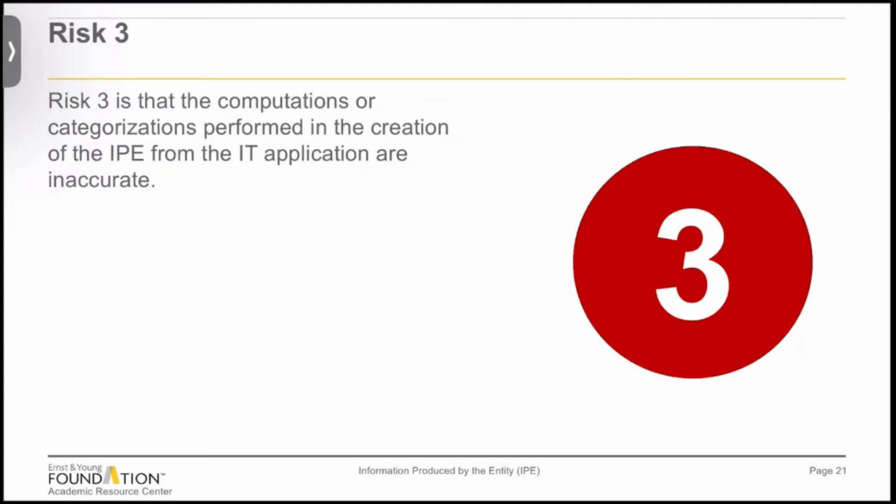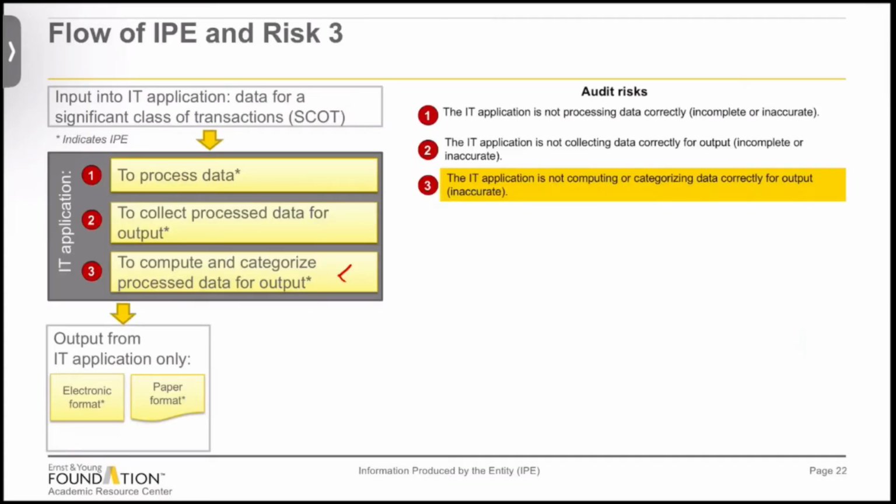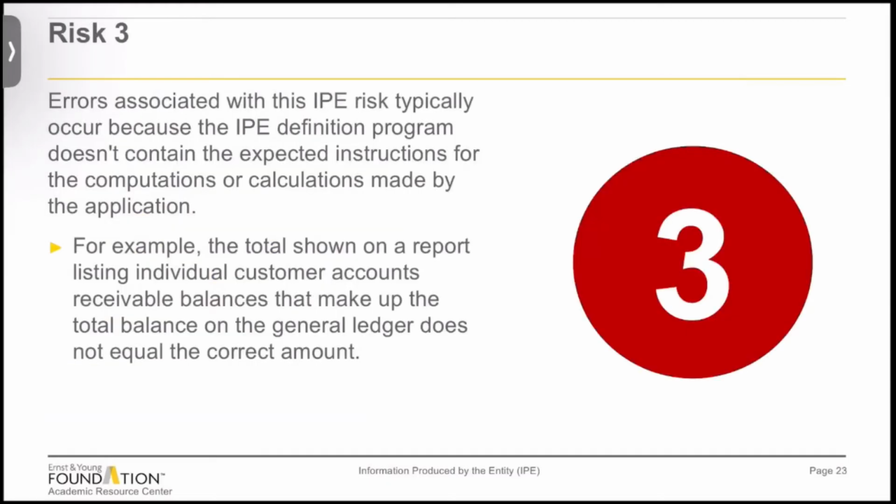Okay, so directly impacting completeness. Risk 3 focuses on all the items being complete. However, it is not accurately grouped or categorized. So errors associated with this IPE risk typically occur because the IPE definition program doesn't contain the expected instructions for the computations or calculations made by the application.